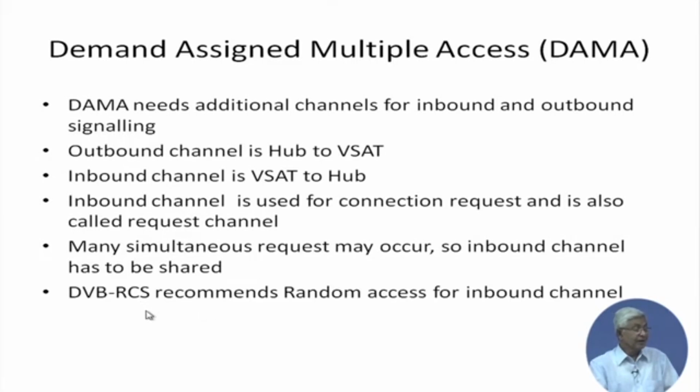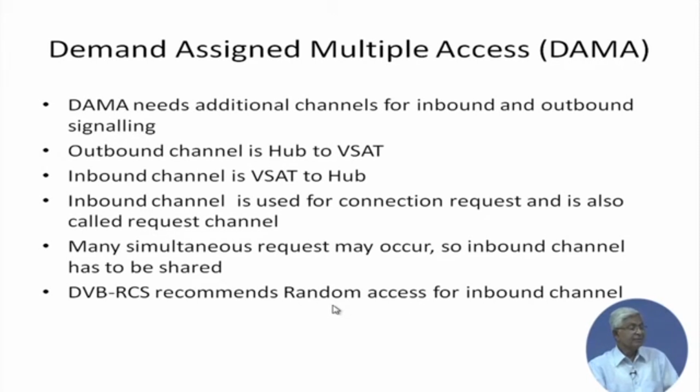DVB-RCS, that is Digital Video Broadcasting Return Channel via Satellite, is a standard used by present day VSAT technology. Some systems are proprietary, but this is a European standard followed in most cases. It recommends random access for this inbound channel, because this is sparse traffic.